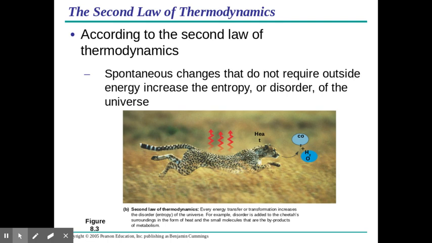I am extremely organized as an organism. Well, in order to avoid disorder, which could cause death to me, I need to take in energy. I need to have a constant influx of energy in order to avoid disorder to me as an organism.